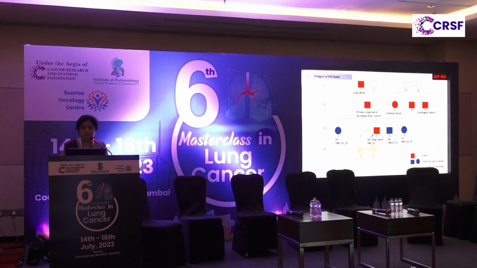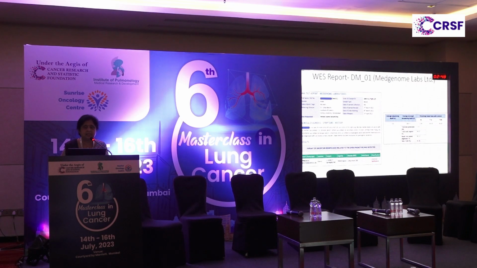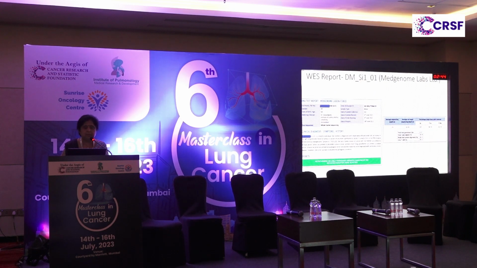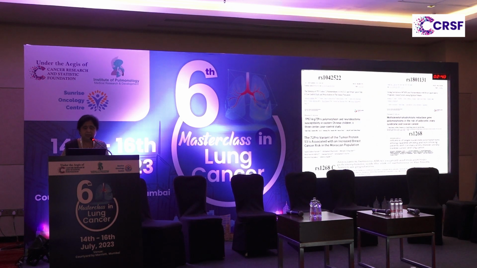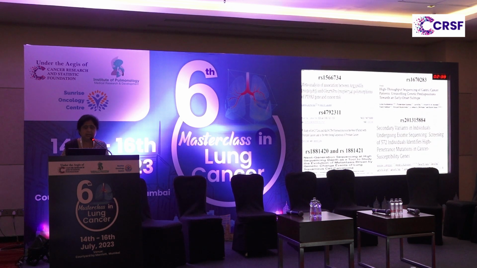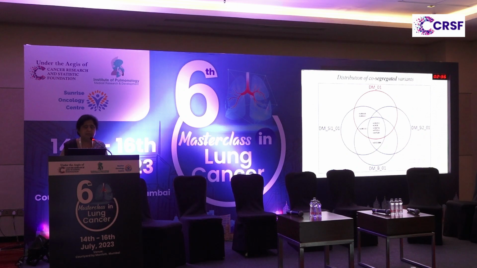So what did we get from NGS data? These are the individual reports, but I will directly go to the summary of reports. Before showing you the PPM1D finding, these are some of the co-segregated genetic variants, and again there is the problem of too much data.